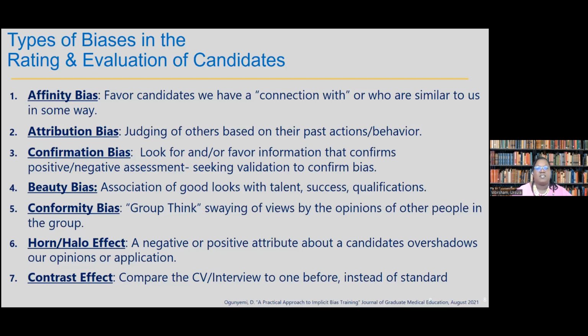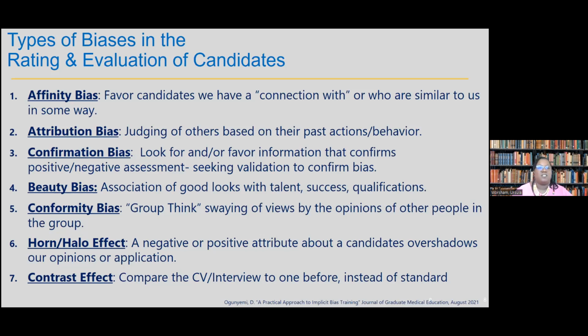So there are some types of biases that often show up in the rating and evaluation of candidates. Here are 7 very common types that, if we all do a little bit of soul searching and reflecting, we'll likely find that we may have been guilty of at one time or another in the review and selection of candidates for residency and or fellowship opportunities.